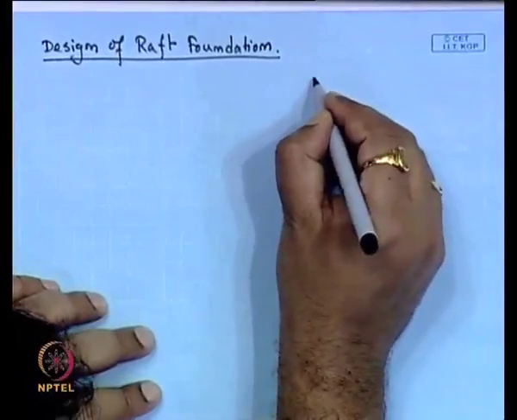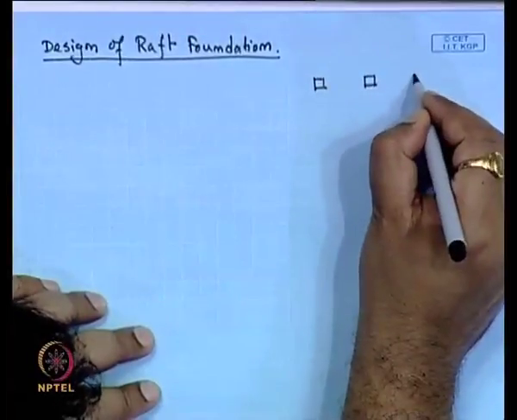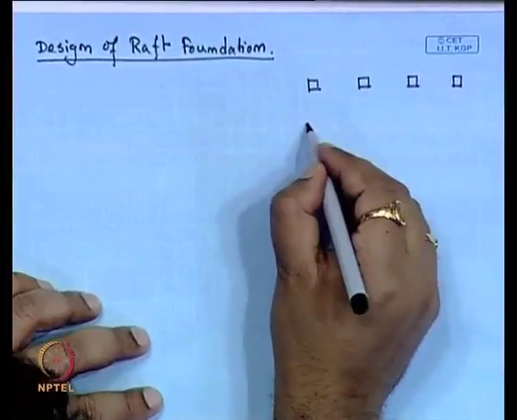So, now here suppose we have one grid pattern like this. This is the footing grid, say.